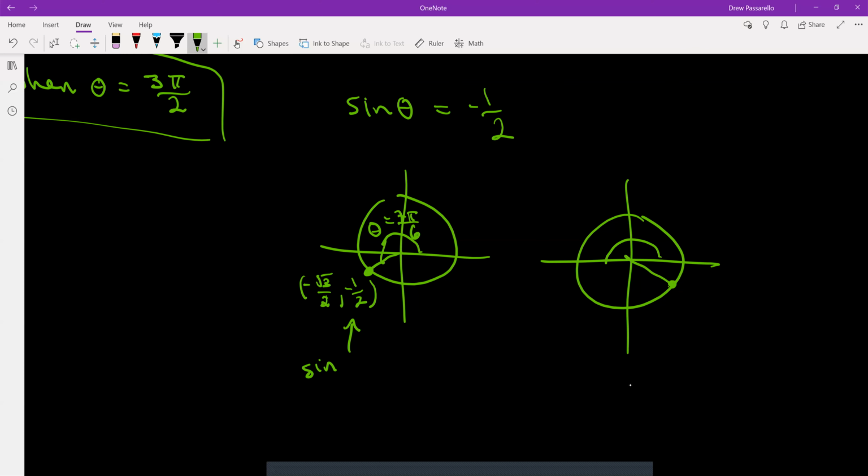So if I go counterclockwise, 11 pi over 6, that's the point √3 over 2, -1/2. And again, it's got that -1/2 as the y coordinate. So sine of theta equals -1/2 when theta is 7 pi over 6, and then 11 pi over 6.